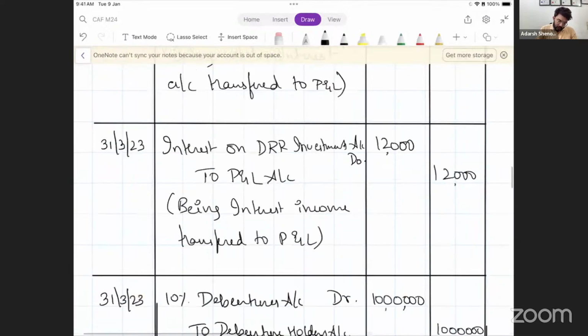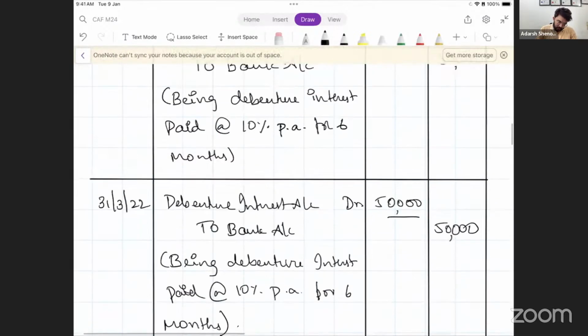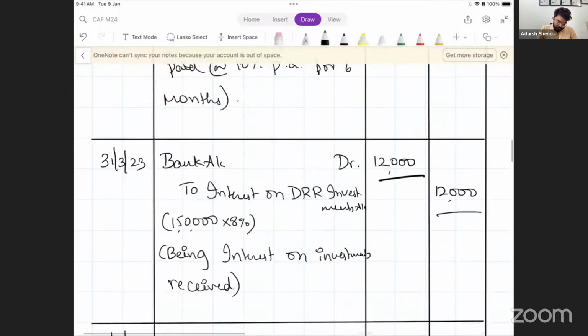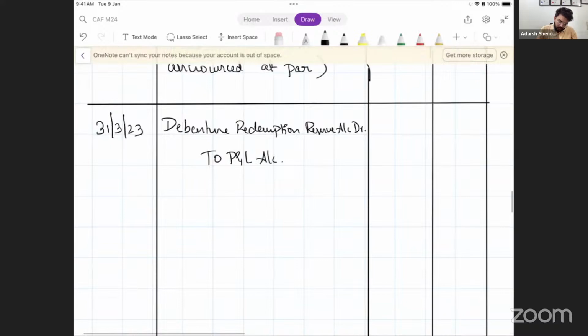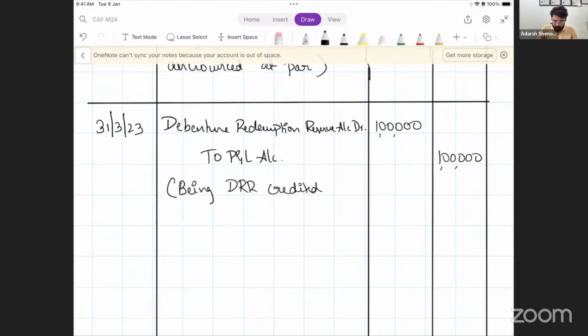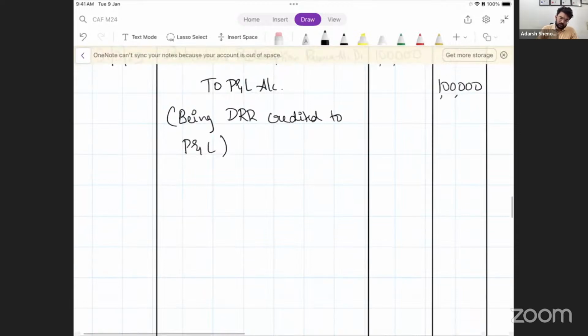How much reserve had I created earlier? I had created a reserve of 1 lakh. Being DRR credited to P&L because of redemption, basically.